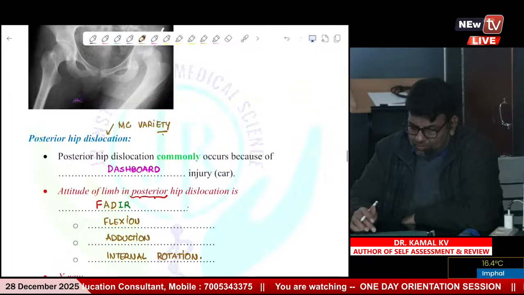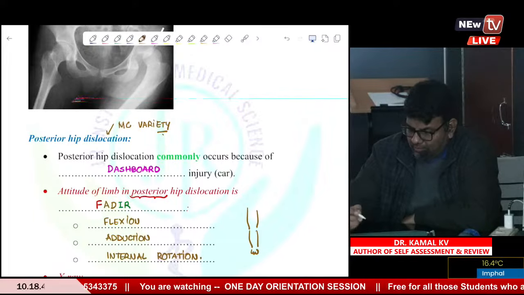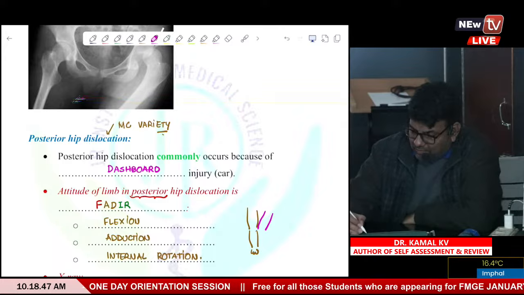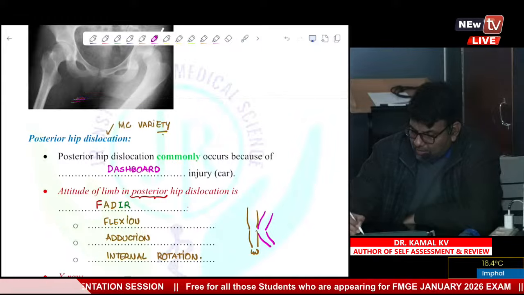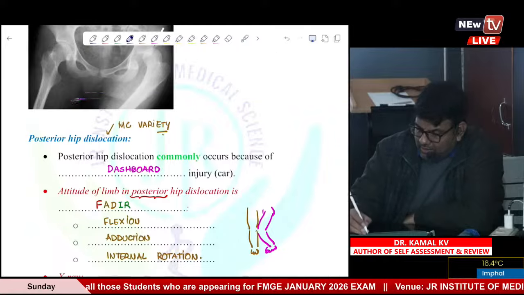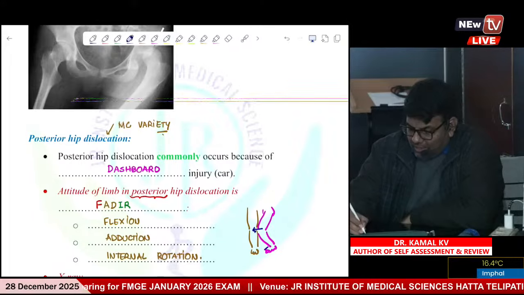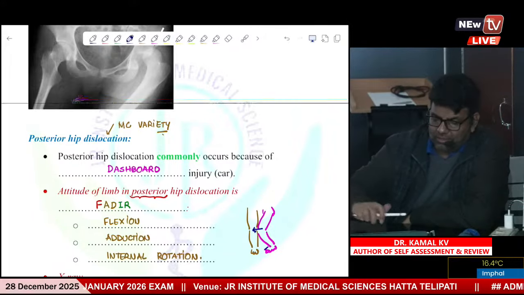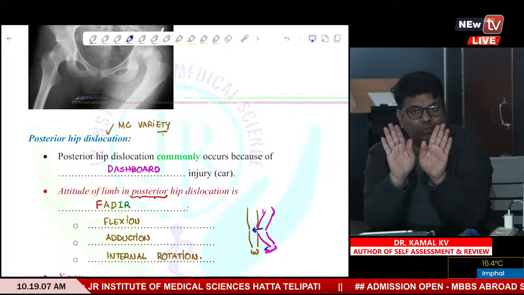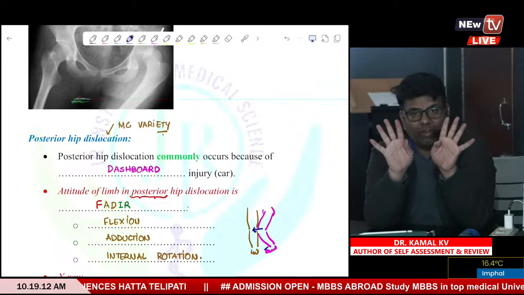Clinically, if this is the normal foot, the injured one looks something like this. It is touching the opposite knee, so this is adduction. This is the normal orientation of the foot when lying supine: the toe should face towards the ceiling in 15 degrees of external rotation.